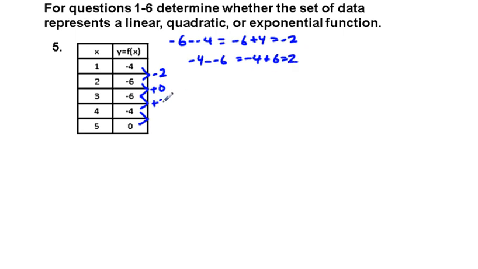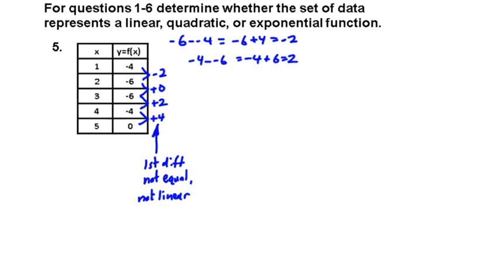So plus 2. And the last one, we're going to have 0 minus negative 4, which is going to be plus 4. So these will be our first differences. Not equal. Therefore, not linear.